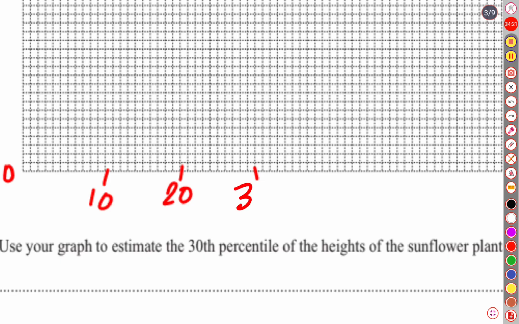Then up to 40, 40 is over here. Then up to 50, 50 is over here. Then 1 to 10, 60 is over here.